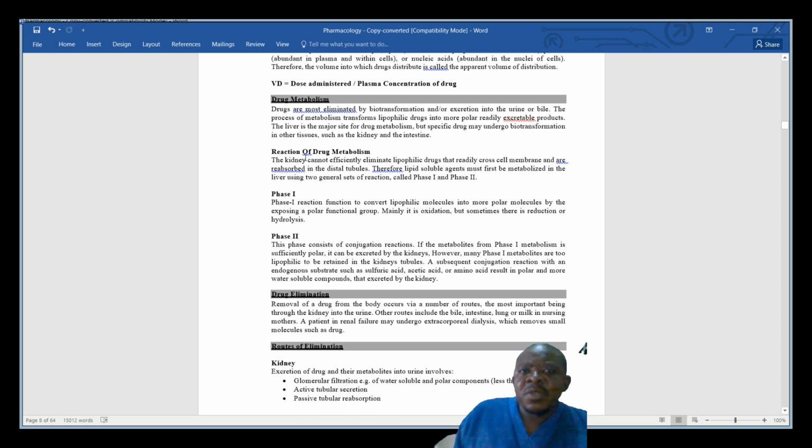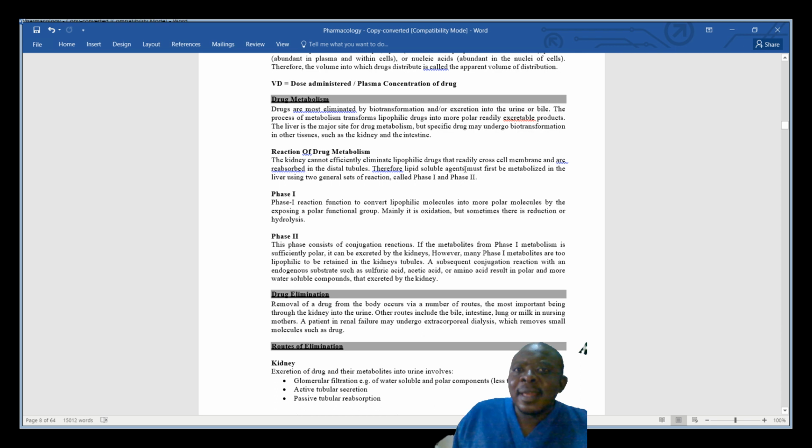So the kidney cannot efficiently eliminate lipophilic drugs, from lipids, so those drugs that have affinity for fats, those cannot be efficiently eliminated by the kidney.